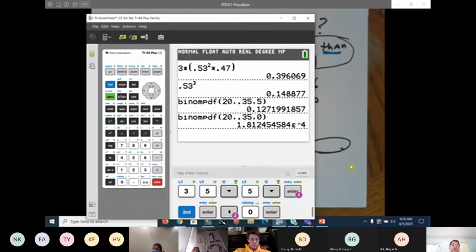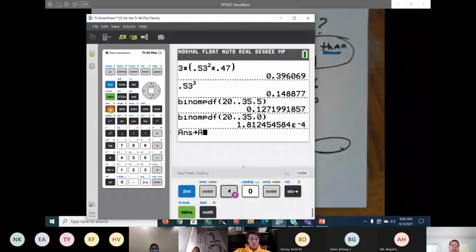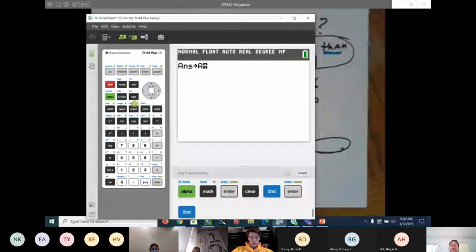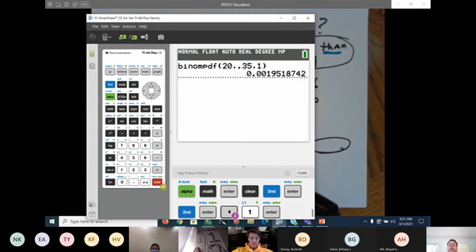I'm going to store it, alpha A. Okay, so that's gone. Now I'm going to hit second entry, and I'm going to change that to a 1. And I'm going to put 0.0020, and I'm going to store it, alpha B.